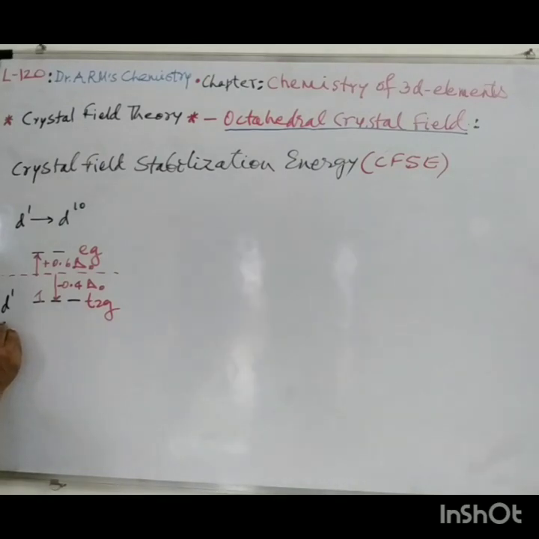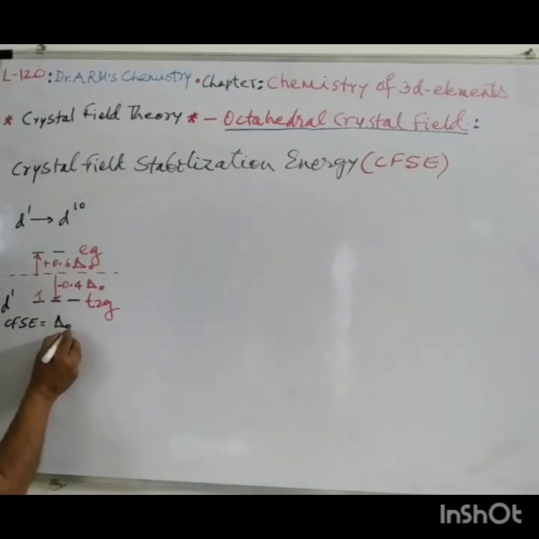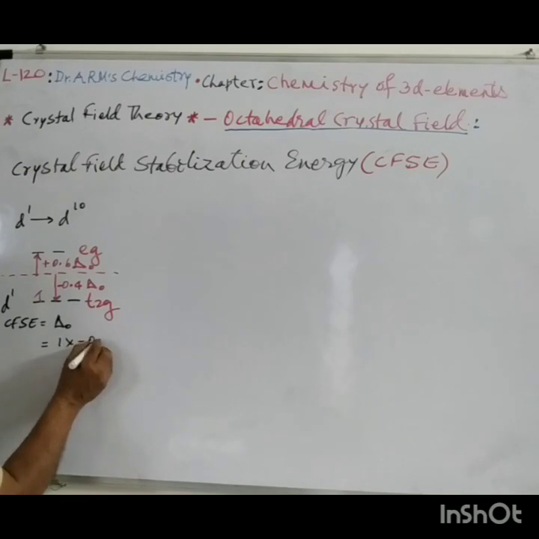The crystal field stabilization energy is calculated as delta O, number of unpaired electrons 1, into the factor by which the energy is lowered, minus 0.4 delta O, which gives minus 0.4 delta O. This is the crystal field stabilization energy for this complex.